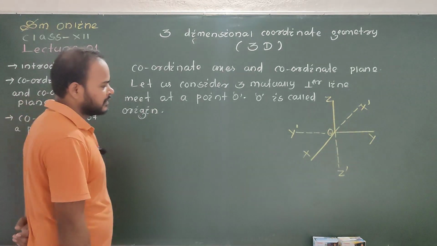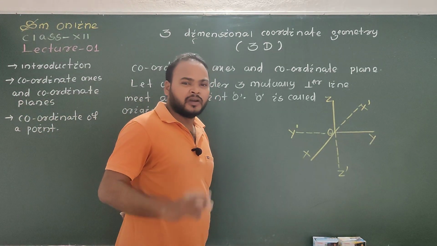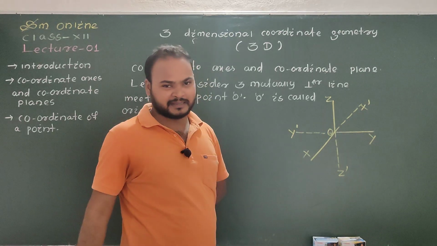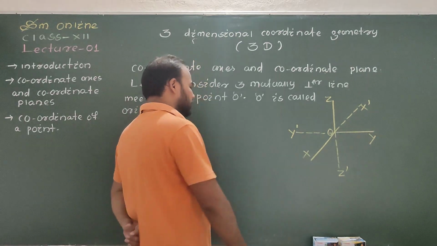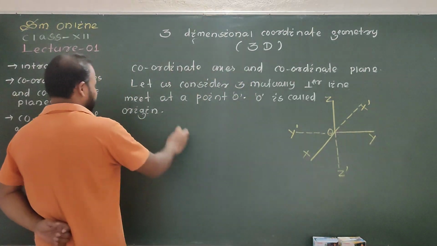Okay, and these three lines are called coordinate axis.